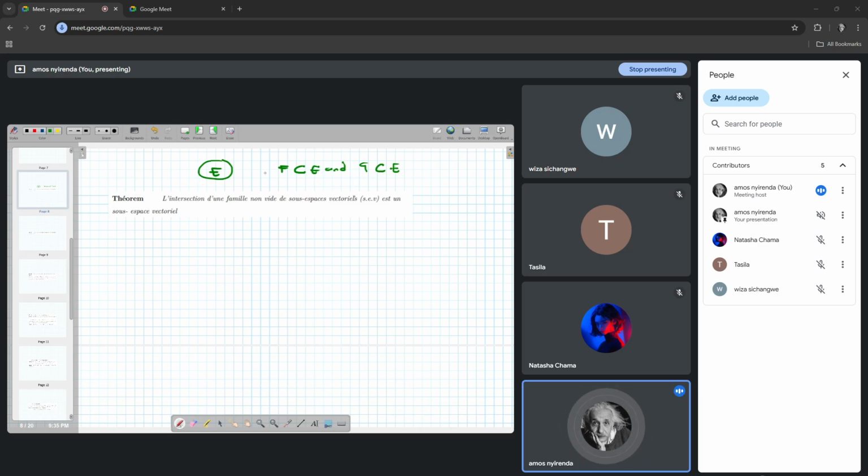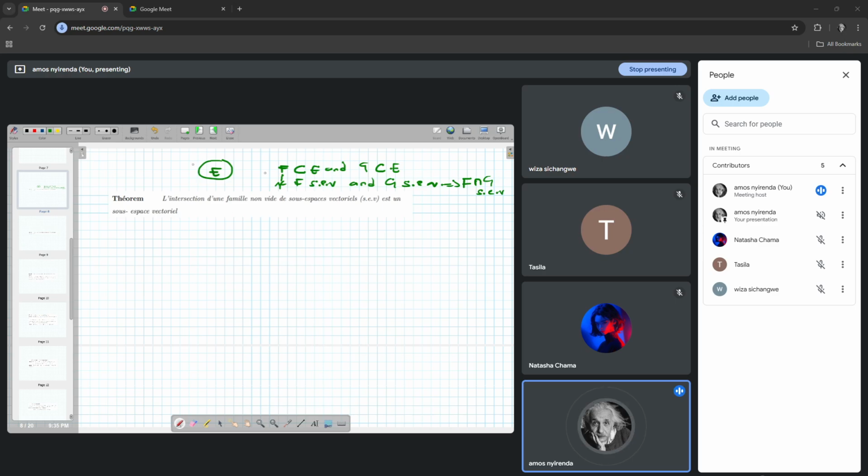Now, this is saying that if F is a sous-espace vectoriel and G is a sous-espace vectoriel, then the intersection F intersection G of these two, les deux espaces vectoriels, is also going to be an espace vectoriel, a SEV.